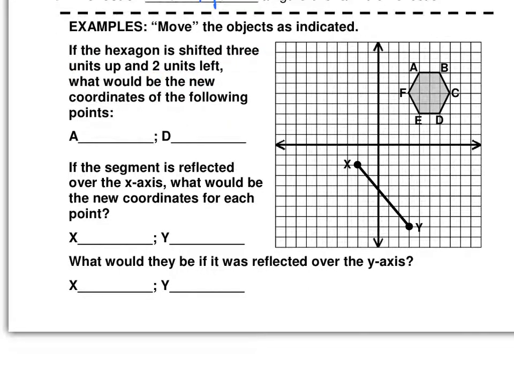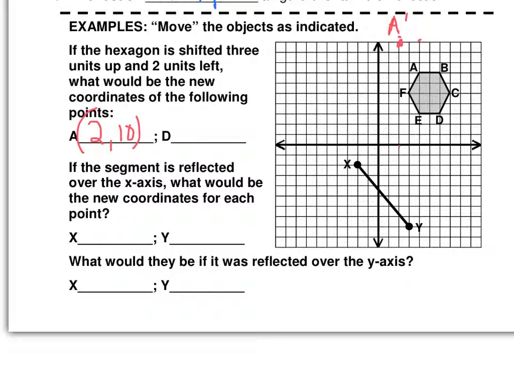So I'm going to take point A, and I'm going to go up 3, which would bring it there, and then I'm going to go 2 left. So my new A, which I call A prime, where would that be? That's going to be located at over 2, up 10, so the new point would be 2, 10.